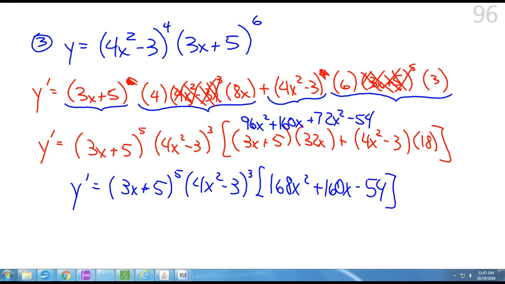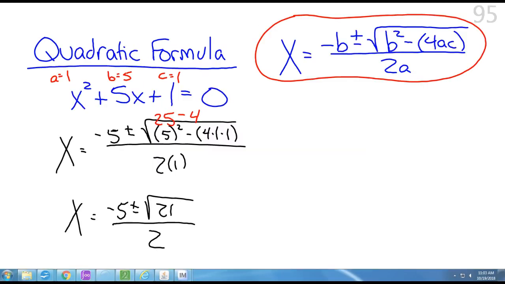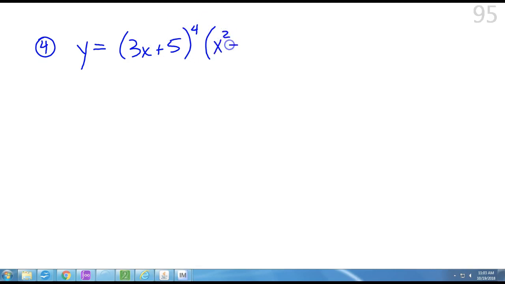Alright, let's look at if there's negative exponents. You didn't think we were done, did you? You're ready for a packet? Oh, we're not quite there. Let's just make them both negative.